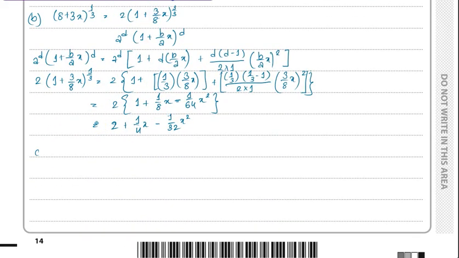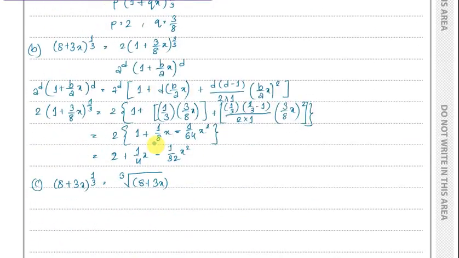So here, if you look at the expression that was given to us, which was 8 plus 3x to the power 1 by 3, this thing can also be written in this form. So cube root of 8 plus 3x. And if you look at this, we actually have to make cube root of 8 plus 3x equal to cube root of 9.